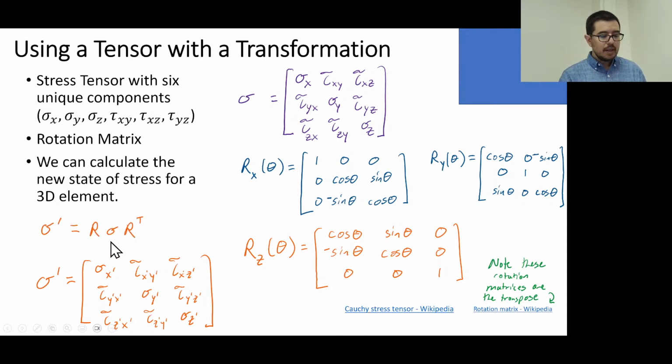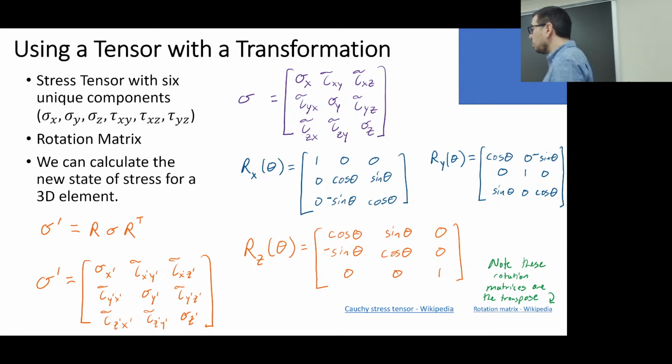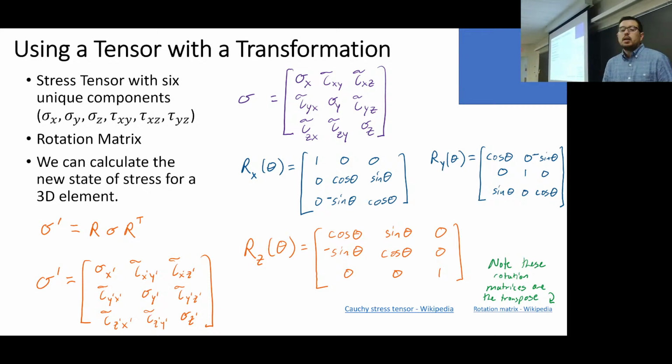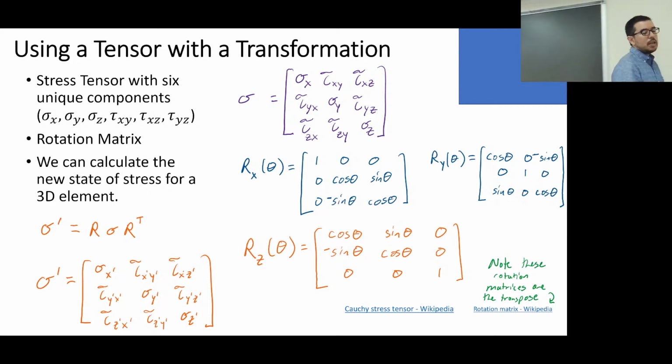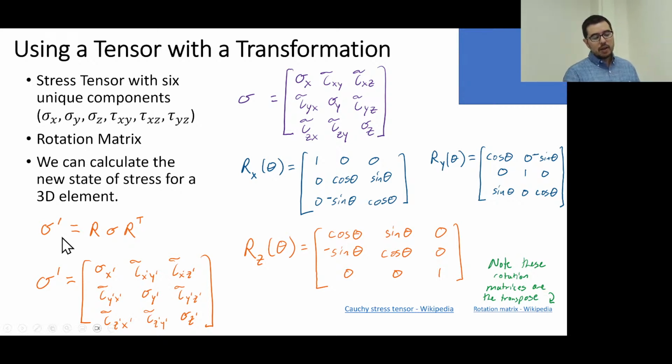So if you want to rotate, maybe if you were going to plug things into your calculator and you can do matrices, and you say, hey, I want to rotate by theta equals 15 degrees, this is the fast way to do it.